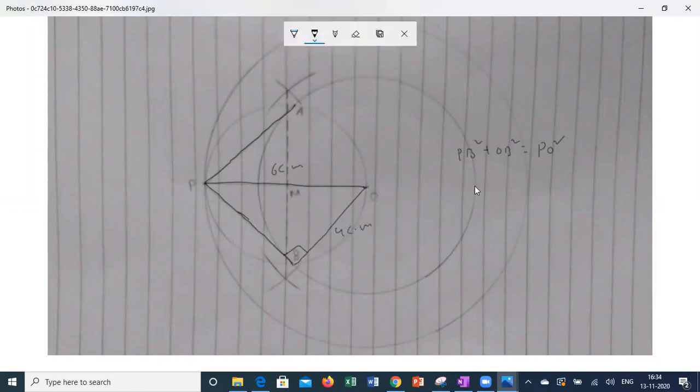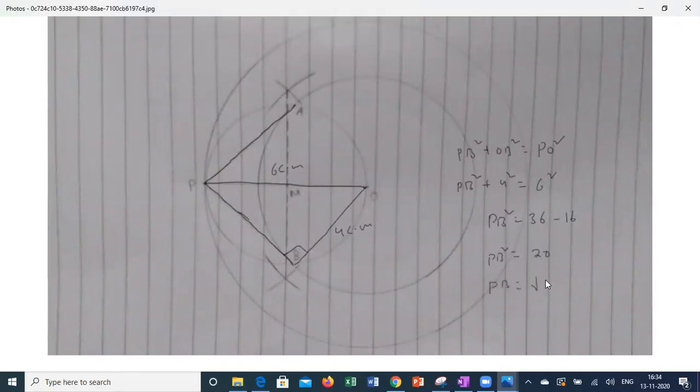So PB we don't know. So PB square plus OB, which is 4 square, equals PO, 6 square. So PB square is equal to 36 minus 16. So PB square is equal to 20. So PB is equal to root 20, that is 2 root 5.